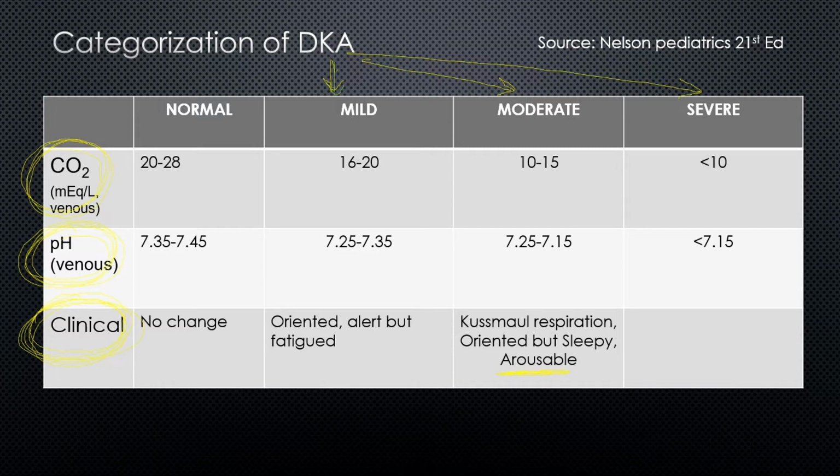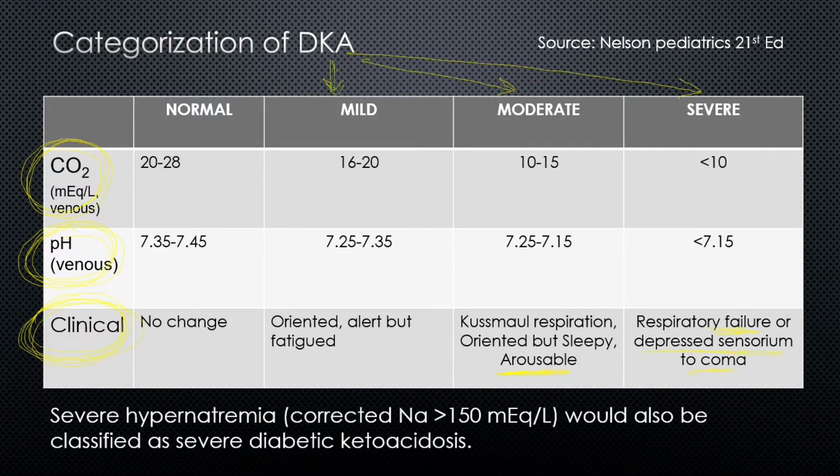The patient is oriented, but sleepy. It is to note that the patient is arousable in moderate DKA. In severe DKA, there is respiratory failure or depressed sensorium to coma. It is to be noted that severe hypernatremia, that is corrected sodium of greater than 150 milliequivalents per liter, would also be classified as severe diabetic ketoacidosis.